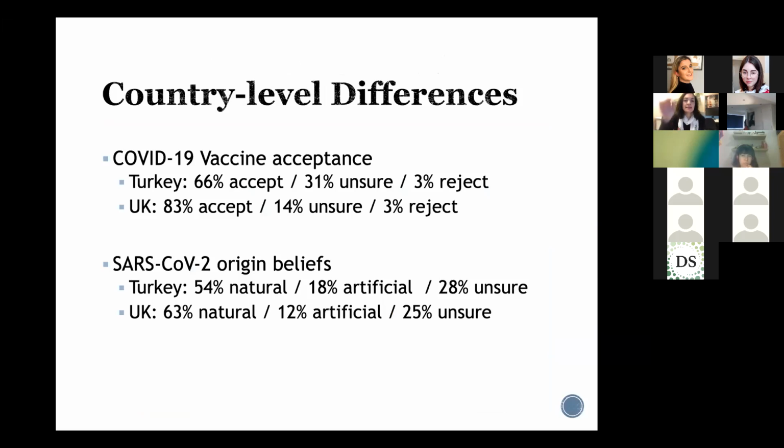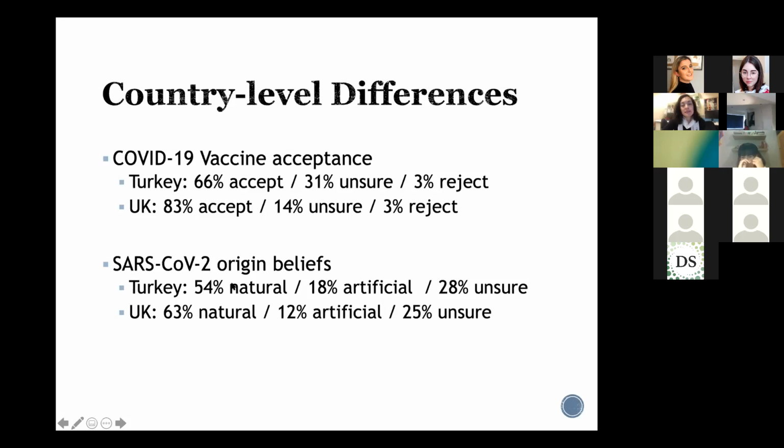Okay, and as I said, interestingly, there were quite big country-level differences. Vaccine acceptance rates were much higher in the UK. There were many more vaccine hesitant people in Turkey, 31% compared to 14% in the UK.